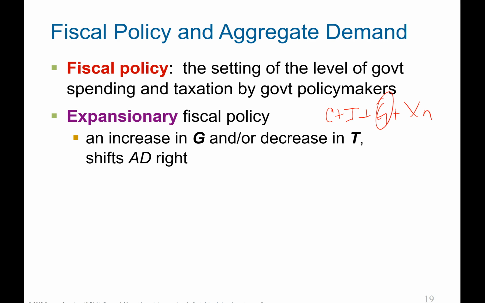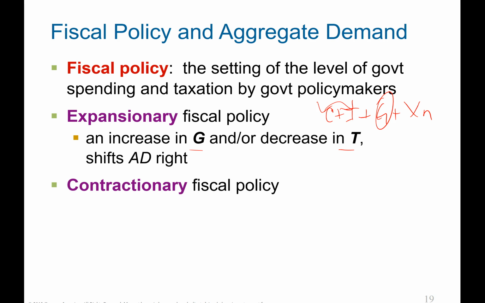It seeks to increase government spending, or it can also seek a decrease in taxation. The taxation effects are generally for consumers and investors. The G is the government expenditures, and either one of those two actions are going to increase aggregate demand.